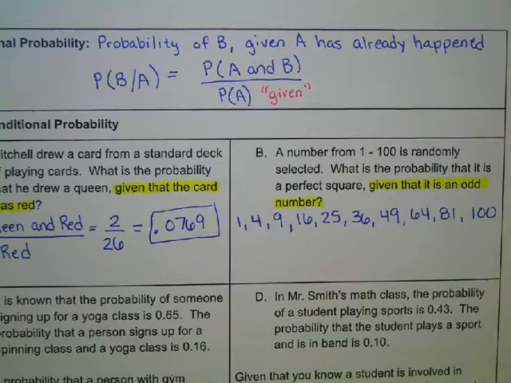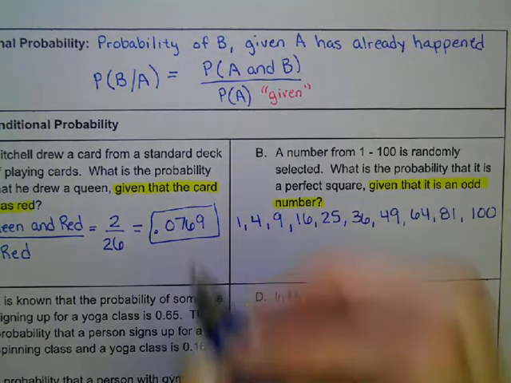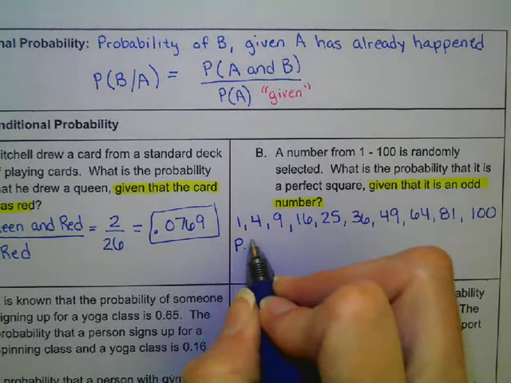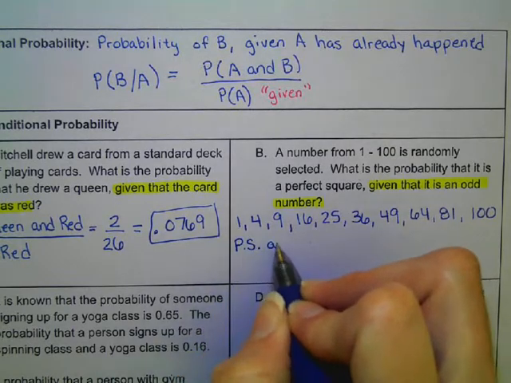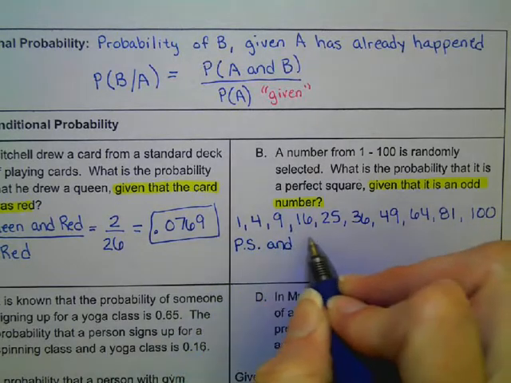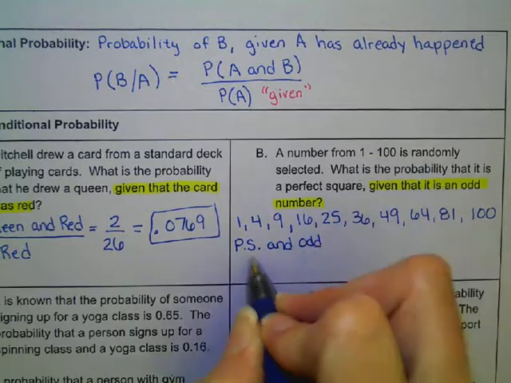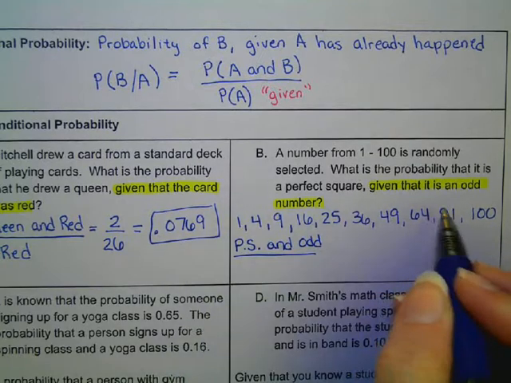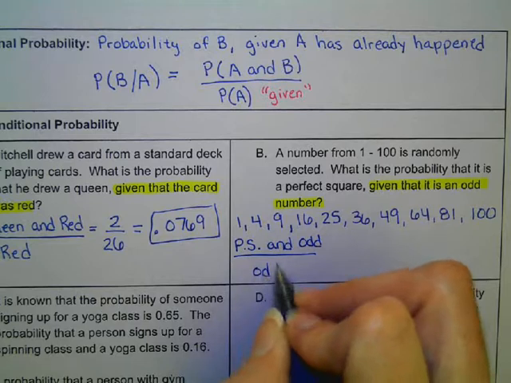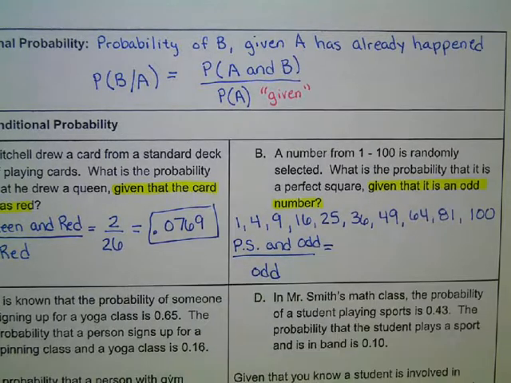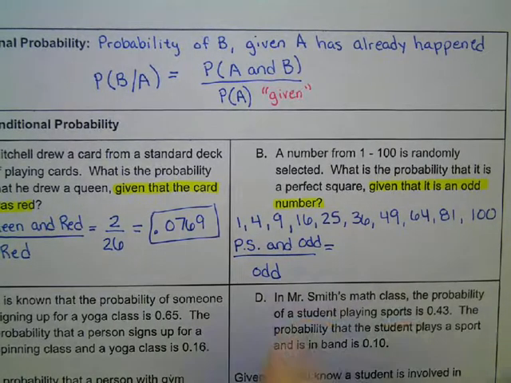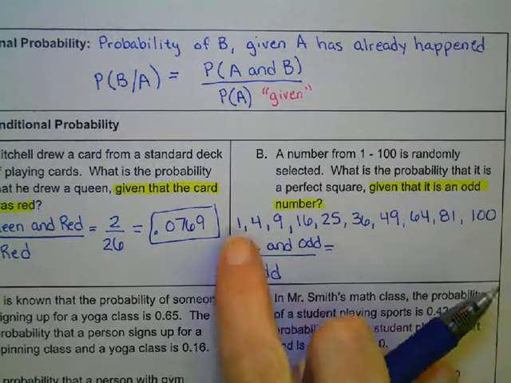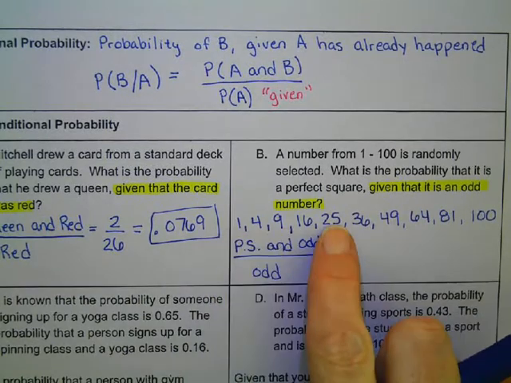And then we want to see, given that it's an odd number. So the top would be, I'm going to put PS for perfect square and odd, divided by the number of odd. Okay, so how many perfect square odd numbers do we have? Let's see. 1, 2, 3, 4, 5.